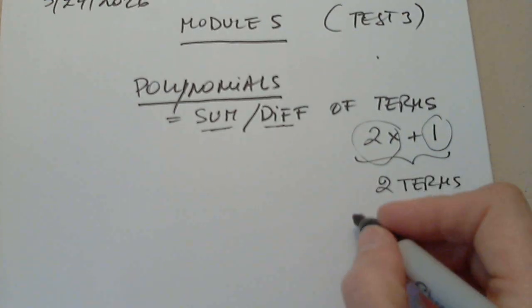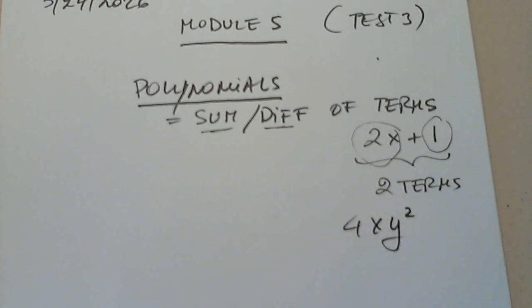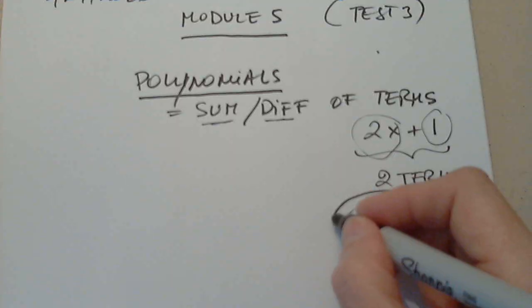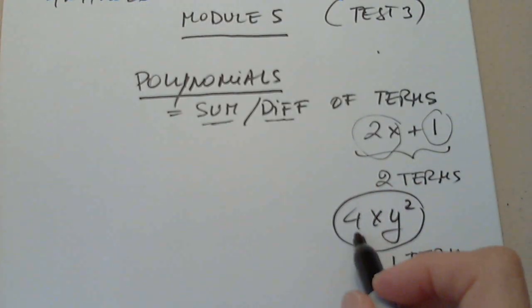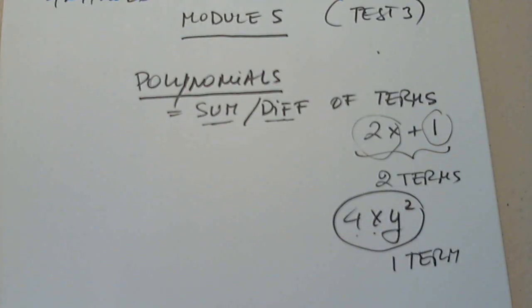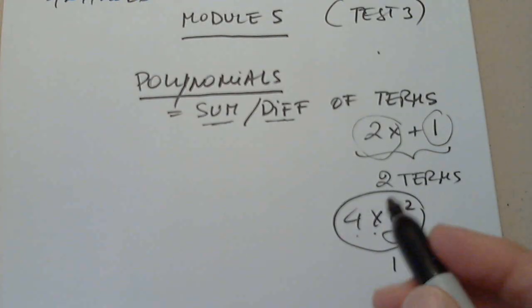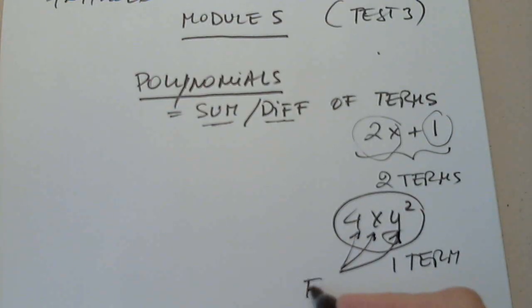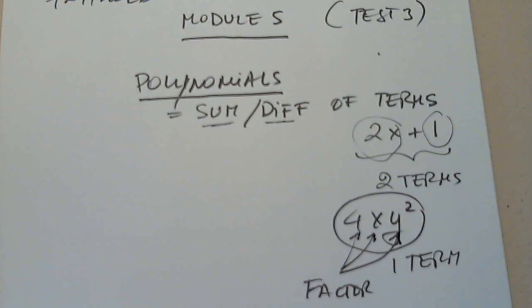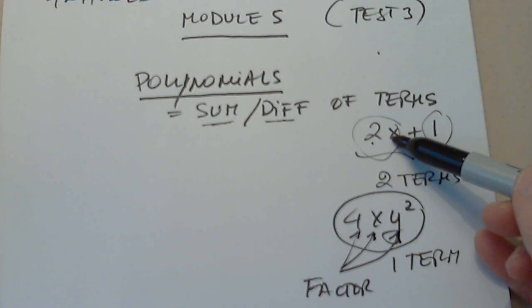Now, if we look at 4xy squared, this is one term, and every piece of the term is called a factor. This is a factor, this is a factor, and this is a factor. Same thing here, 2 and x.